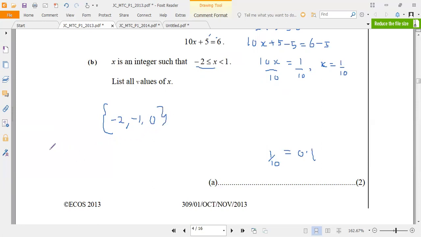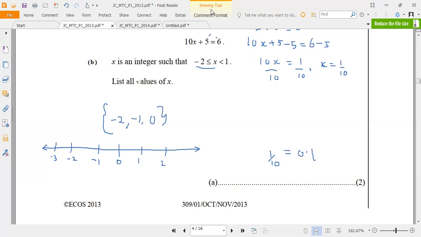If you're to draw this on the number line, you draw your number line with the starting point 0, and it continues on both sides. Let me put these numbers here: -3, -2, -1, 0, 1, 2.